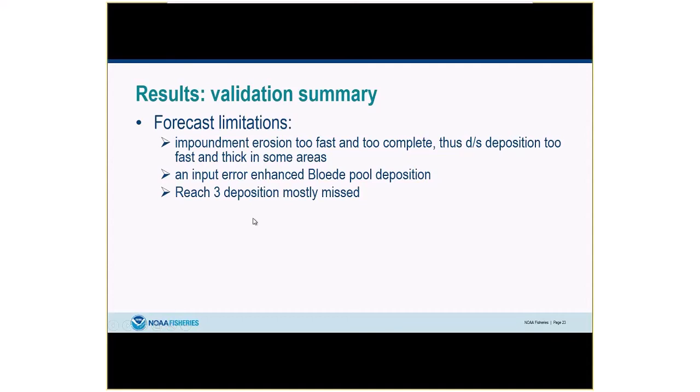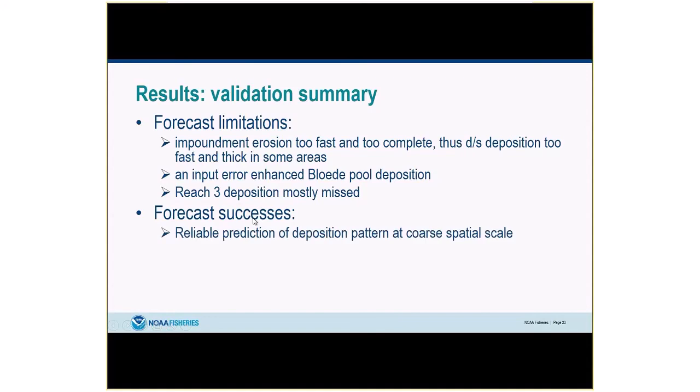But the forecast also got a lot right, especially for project planning purposes. I haven't been emphasizing those, but I'm going to emphasize them now. They gave a reliable prediction of deposition pattern at a coarse spatial scale. They got that right.